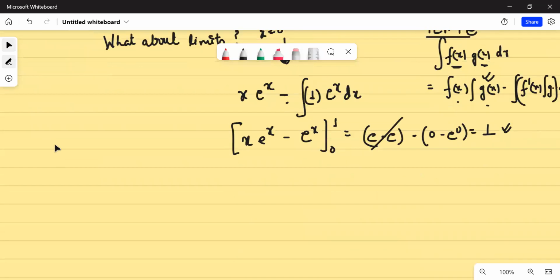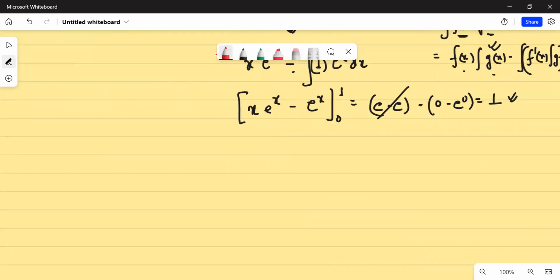Now do one thing, try to do this. Find me the value of the limit.